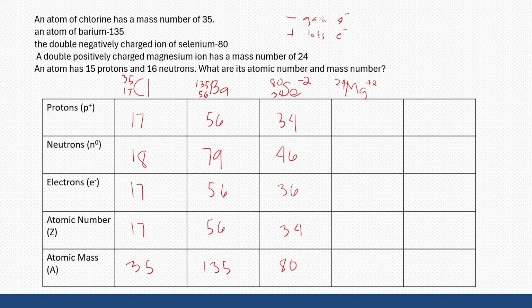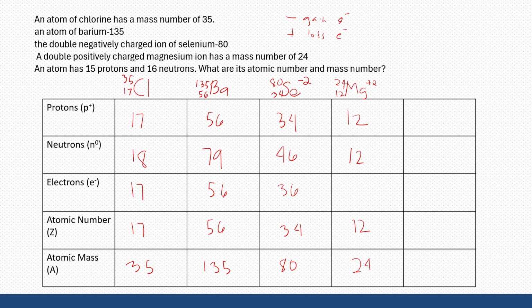Again, in the periodic table, its atomic number is 12. Right? So let's write 12. It would also be the number of protons. Now, for the number of neutrons, again, we subtract 24 minus 12, which is 12.